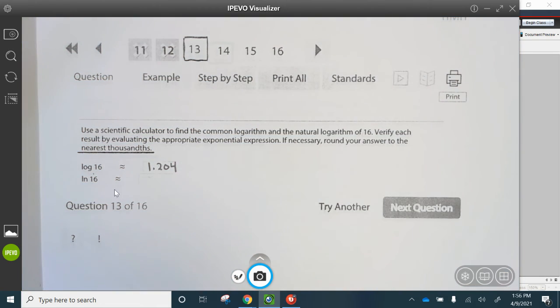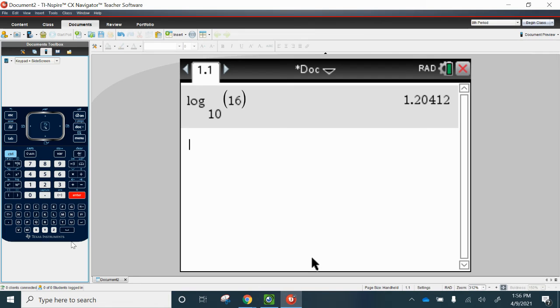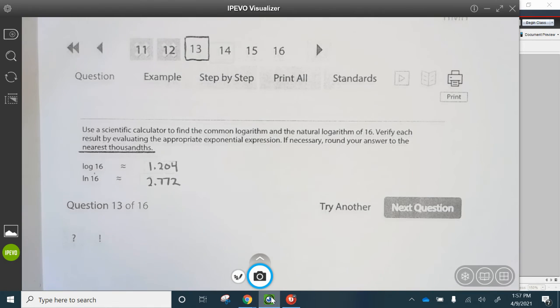Now let's do the natural log, which is control E here, and then you put 16, which is 2.772. Okay, go ahead and finish up question 13.